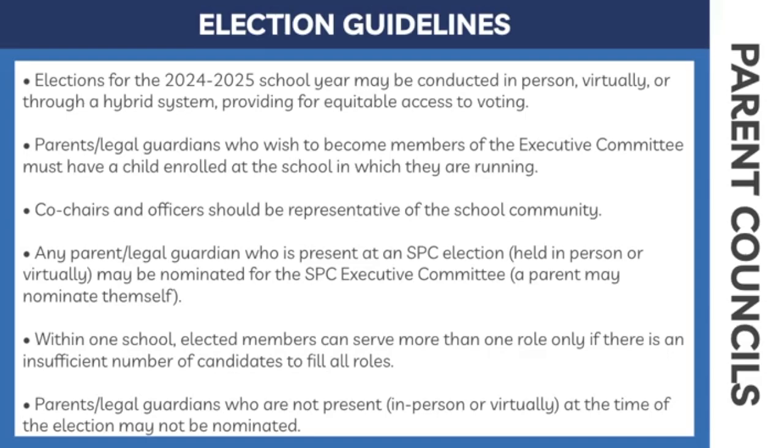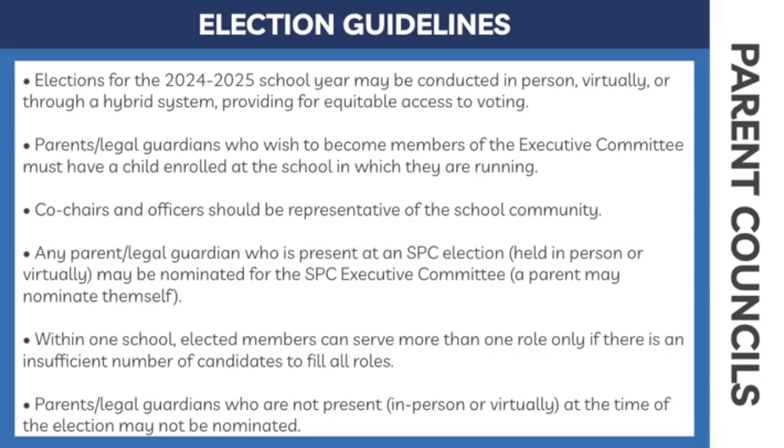Super important. Before the elections, we highly recommend that information about the school parent council and school site council roles be sent to families, so they're aware and understand the roles. For example, some family liaisons have created flyers in various languages.